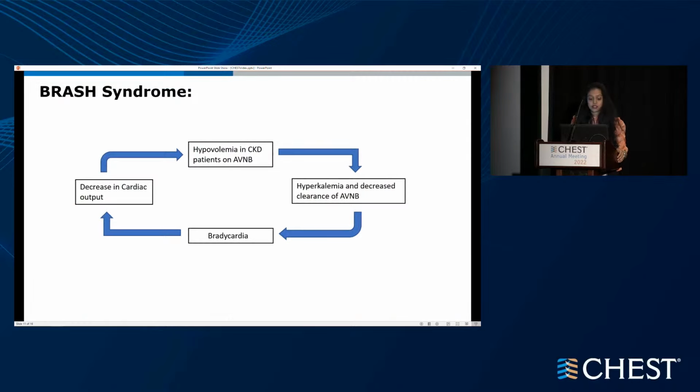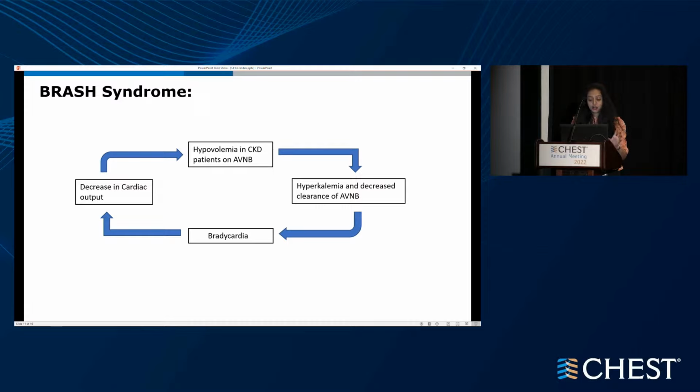So what is BRASH syndrome causing all this? I would say it's one of the detrimental feedback cycles. In patients with chronic kidney disease on AV nodal blocking agents, usually an inciting event like dehydration or an infection, or anything causing hypovolemia, triggers acute kidney injury, which in turn causes hyperkalemia and also decreased clearance of the AV nodal blocking agent.